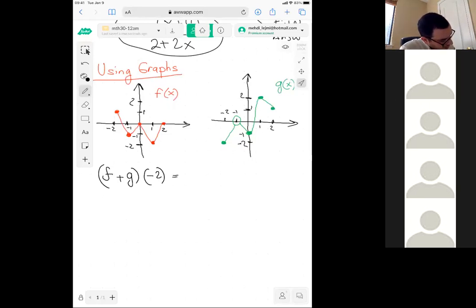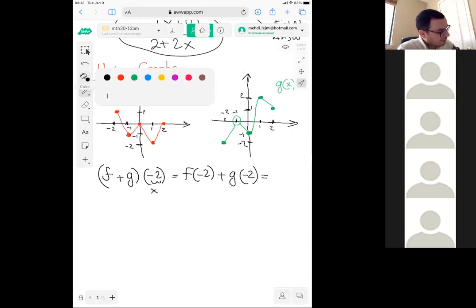So it's f of x, my x is -2, so it's f of -2, plus g of x, but my x is -2, so it's g of -2. So first you have to find f of -2, and then you have to find g of -2.